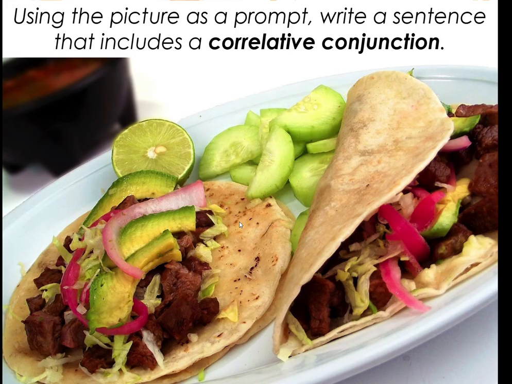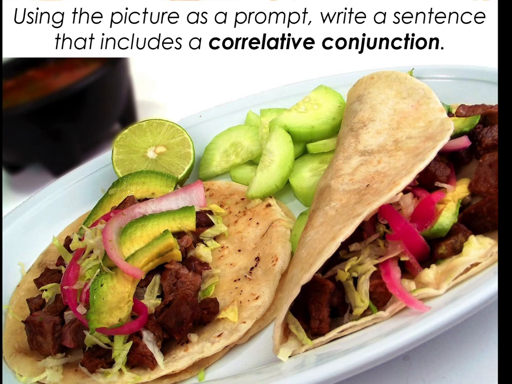Now I want you to write your own sentence using this, okay? I've given you a picture of some beautiful street tacos. Make sure you're including correlative conjunctions. Examples you might use are both and, either or, not only but also, so and as, just and as much and as, no sooner and then.